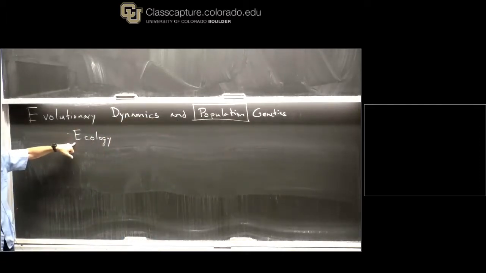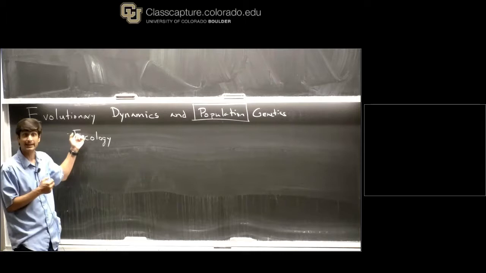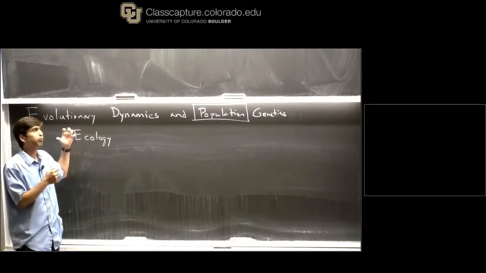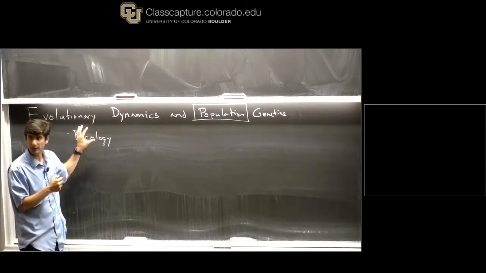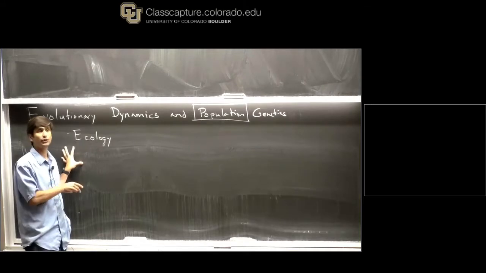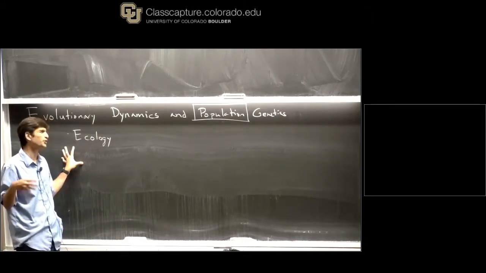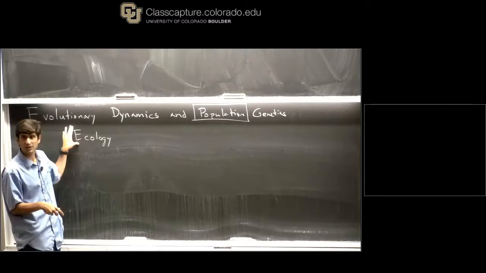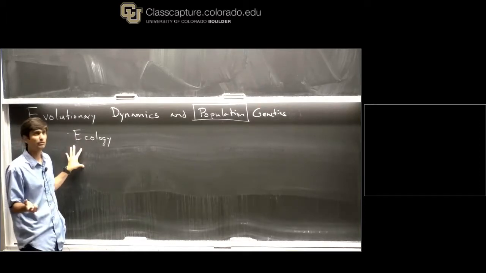And I think one of the really interesting directions in evolution and population genetics right now is breaking down this barrier between ecology and evolution. Because traditionally people have assumed that ecology is fast and evolution is slow, right?